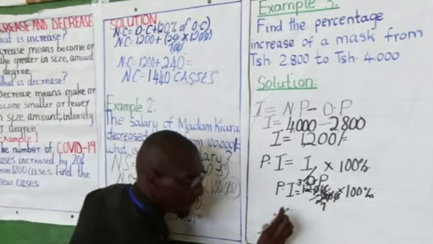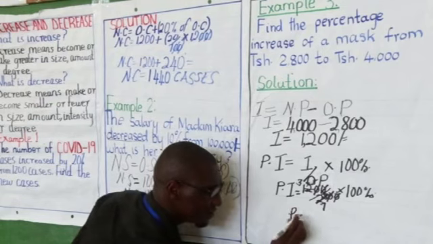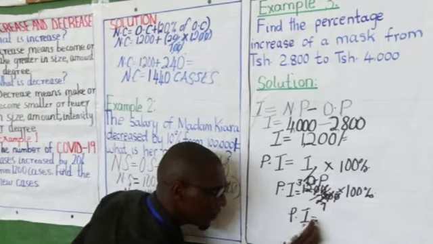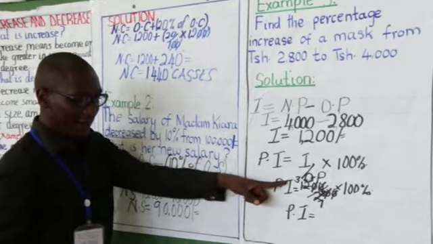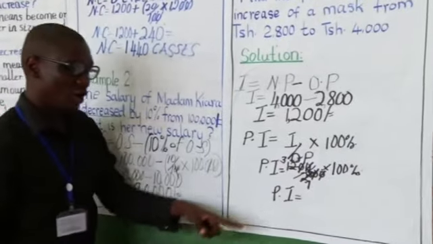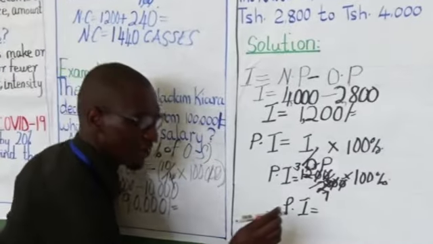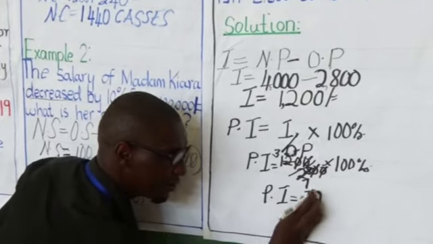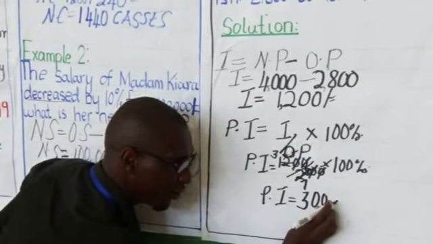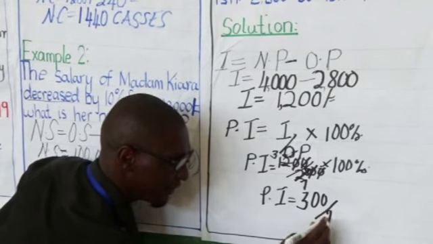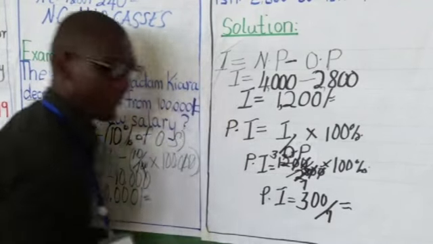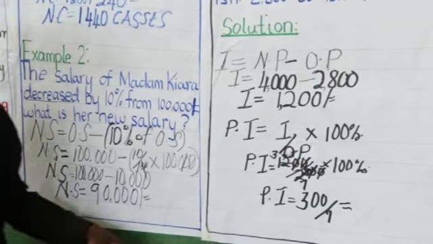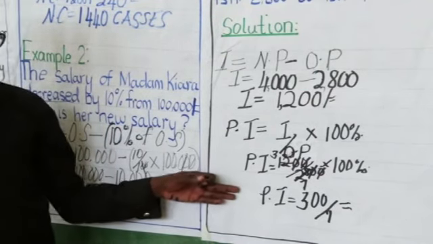So the percentage increase will be 3 multiplied by 100 over 7. 3 times 100 we get 300 over 7. According to the rules of mathematics, we can write it like this.